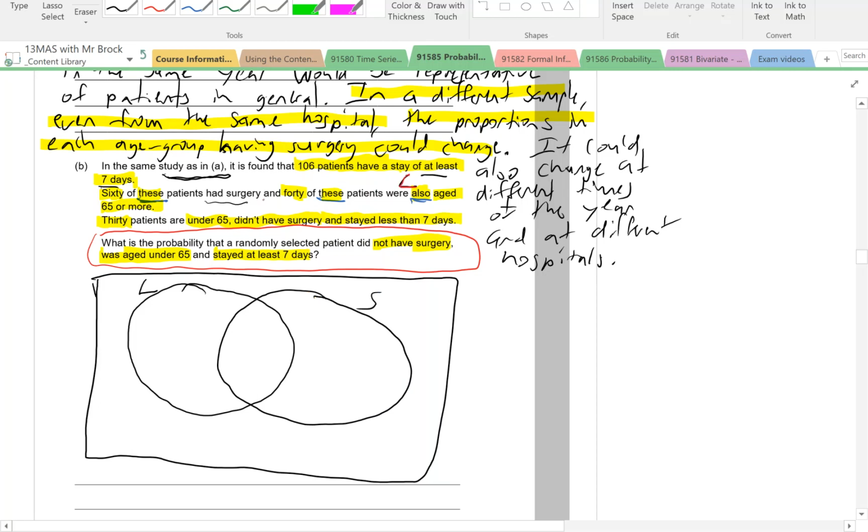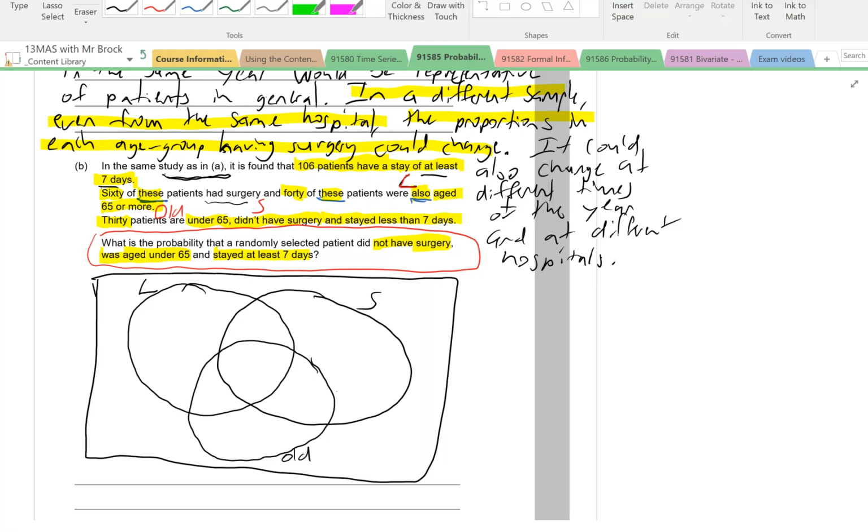So L and then S. And then the third category is whether they were age 65 or more, and we're going to call that O for old. And actually I might put the word old because otherwise it's going to look like a 0, isn't it? And that could get confusing.